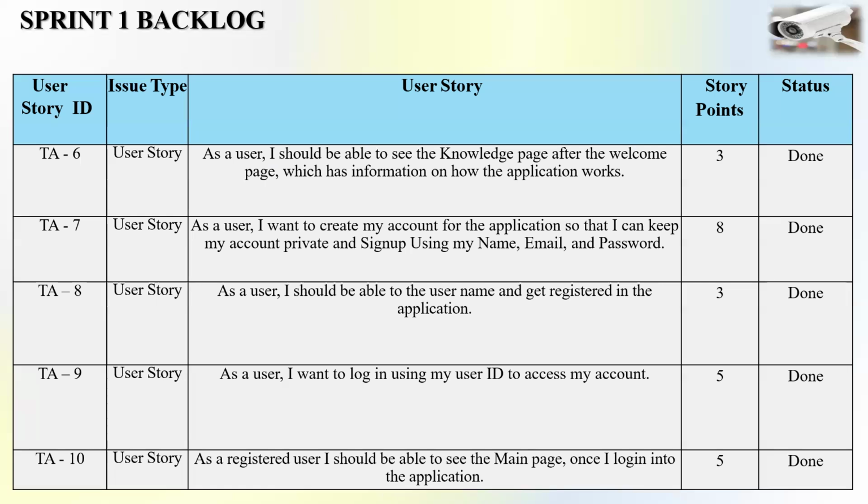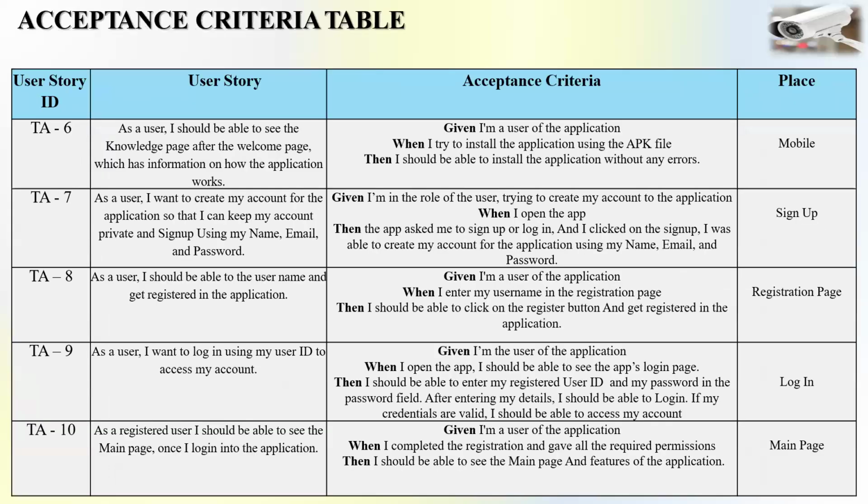It is working in our application so we have given 5 story points and marked it as done. As a registered user, I should be able to see the main page once I log in to the application. So this is also working in our application so we have given 5 story points to this and marked this as done. So the acceptance criteria table will be explained by our project manager Mayank.